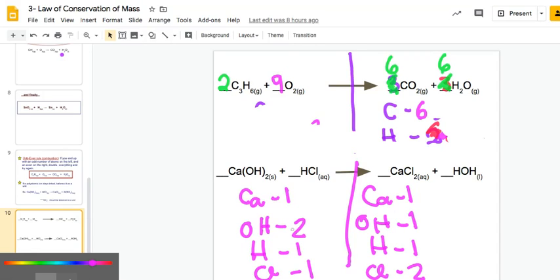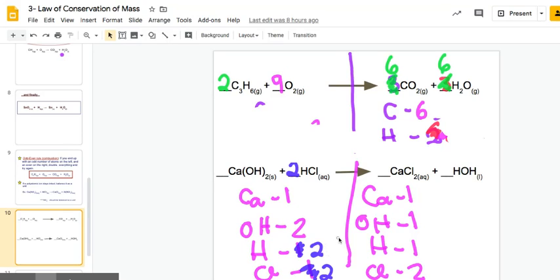Okay, so balancing. Calciums are balanced. Hydroxides are not, but I'm going to check my chlorines first. So I have 2, 1. So I'm going to put a 2 in front of here. Let's see what happens. So now I have 2 chlorines, and I also have 2 hydrogens. My hydroxides are still not balanced.